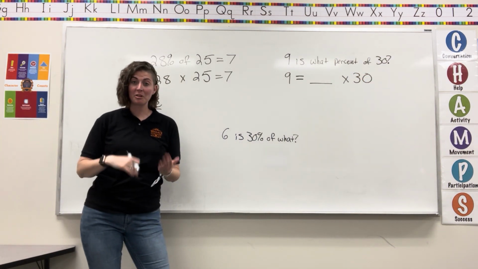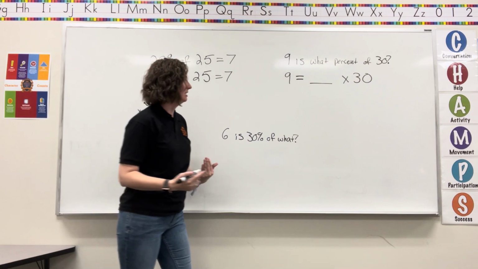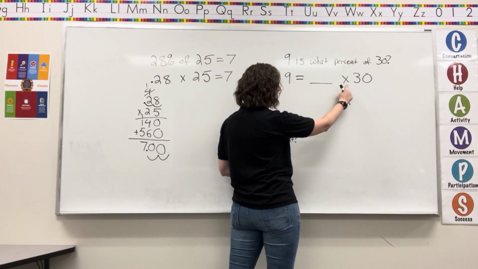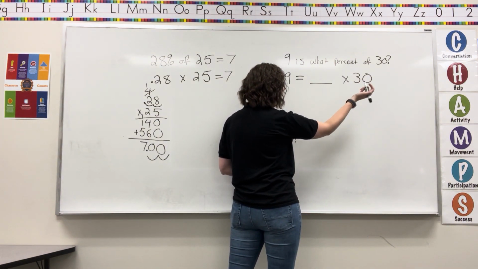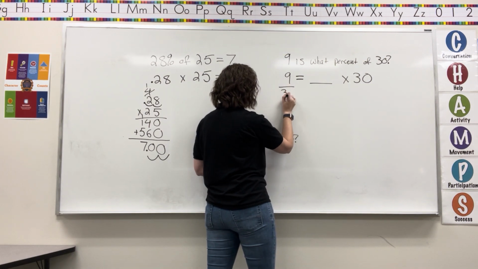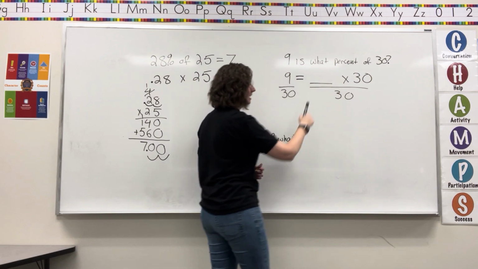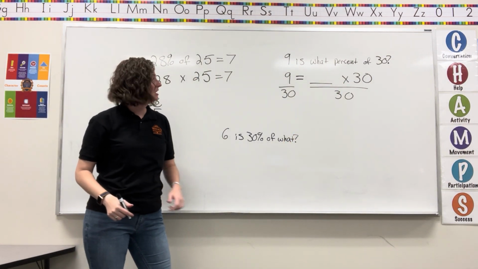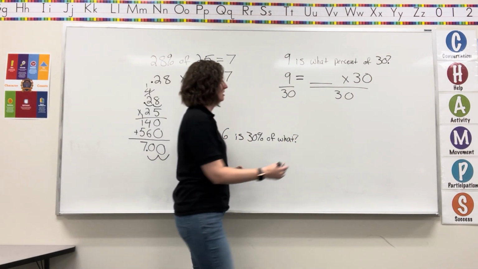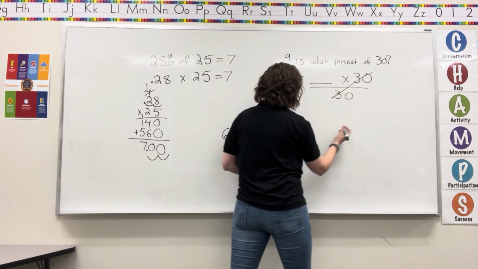Okay, here's what we're going to do: an inverse operation to find it. So the opposite of multiplication is division. So we're going to divide by 30 to find our percent. So 9 divided by 30, these are going to cancel each other out.